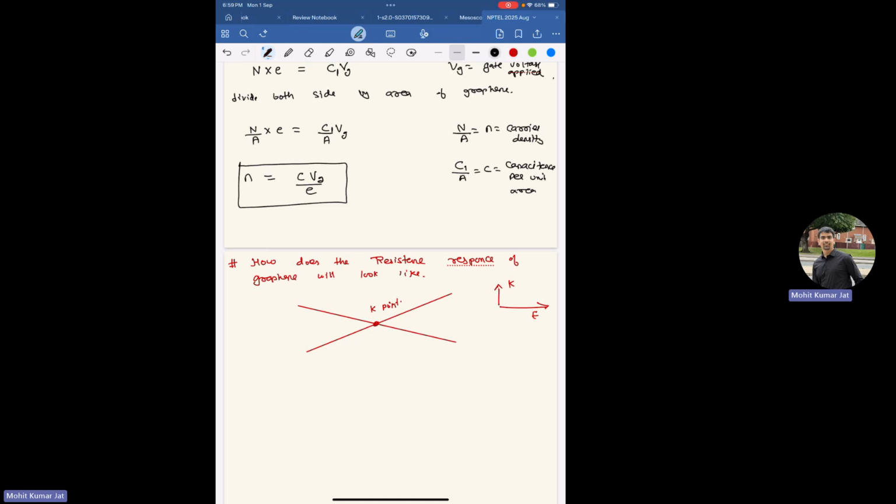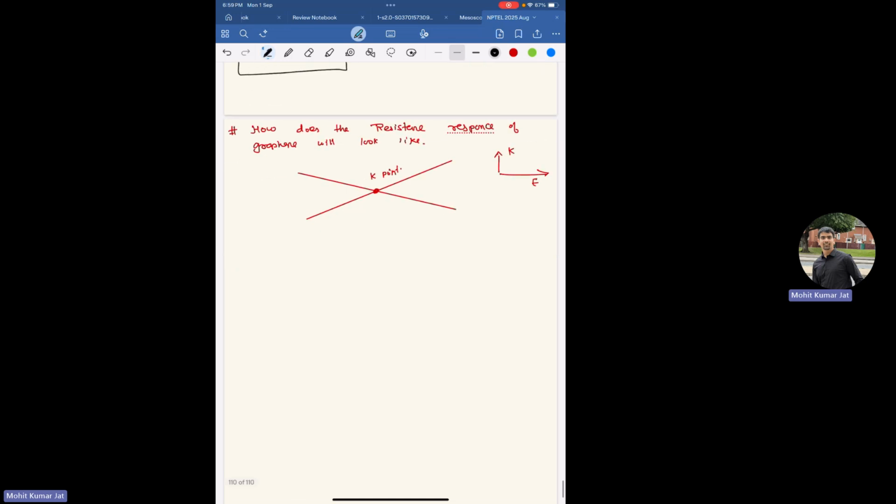Now if I ask you, what will be the resistance response of the device? So you have your graphene, on the bottom of which you have your metal gate. Here you have your dielectric, like hBN, and this is your graphene.